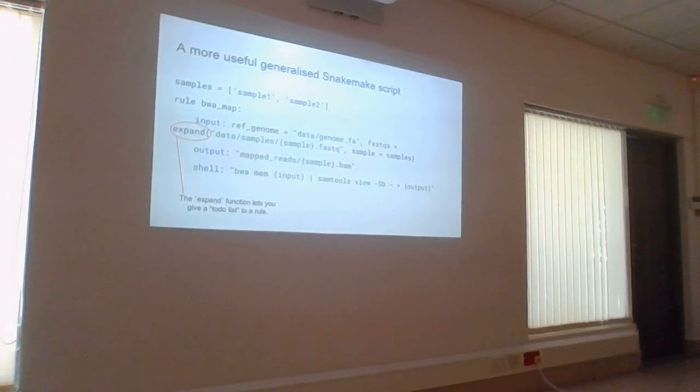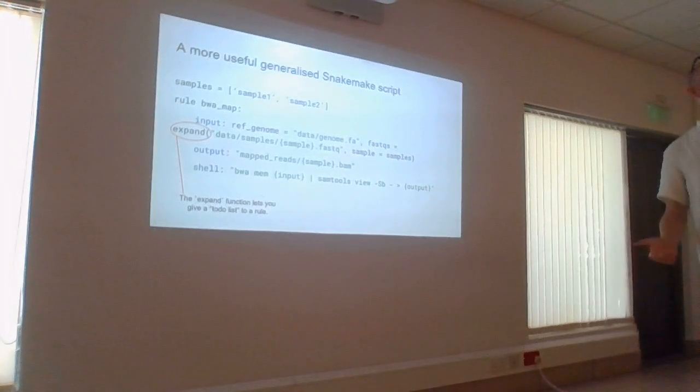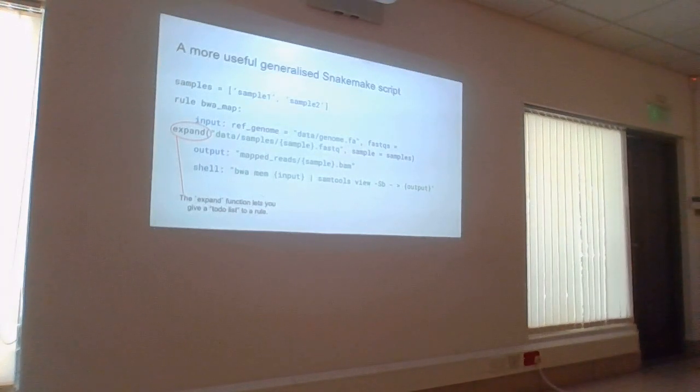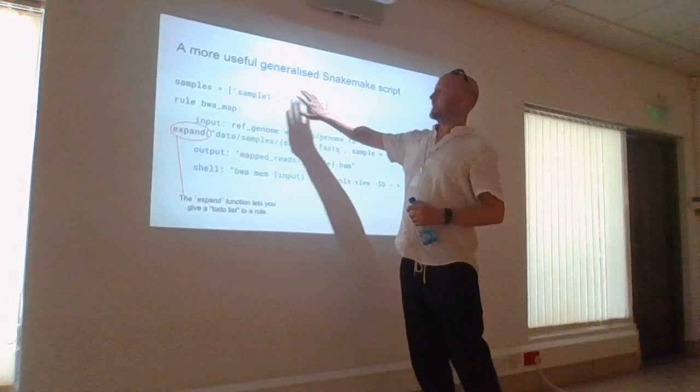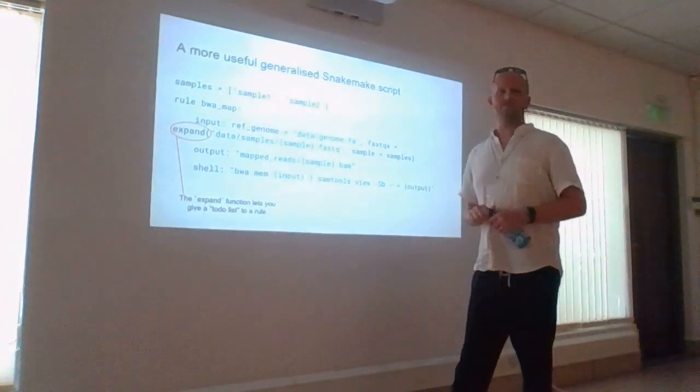Okay, so that's useful, but again, that's not often how I work personally, because maybe you don't want to run the workflow on every single fastq in that directory, right? Maybe you only want to run it on some. So you could also just specify the names of the samples that you want to run.